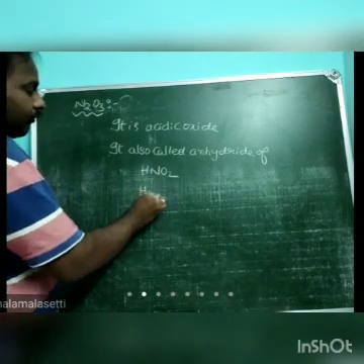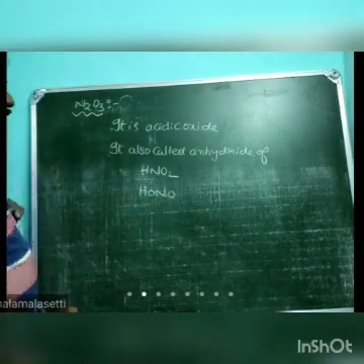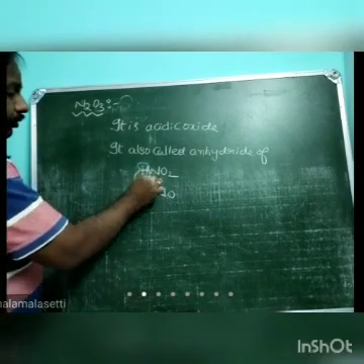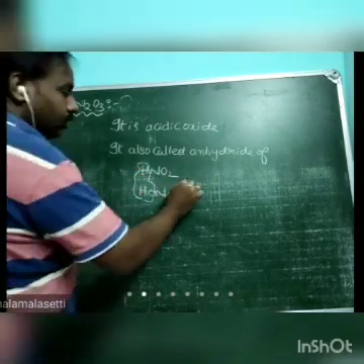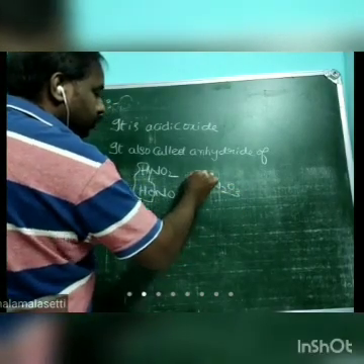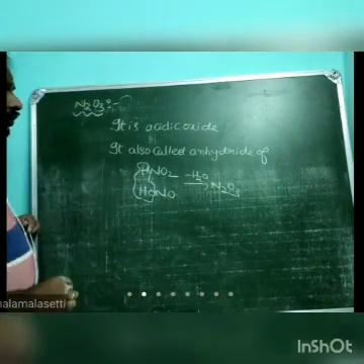If you take one more nitrous acid, we can write it like this also. From this you remove a water molecule, then you will get N2O3. So from nitrous acid, if you remove a water molecule, you get N2O3. Because of that reason, it is also called the anhydride of nitrous acid.